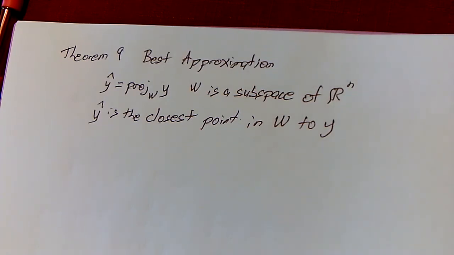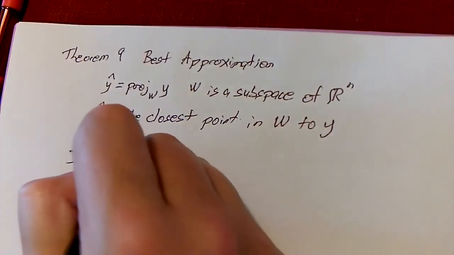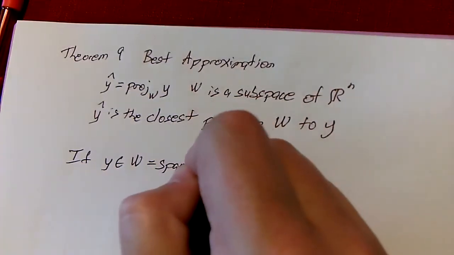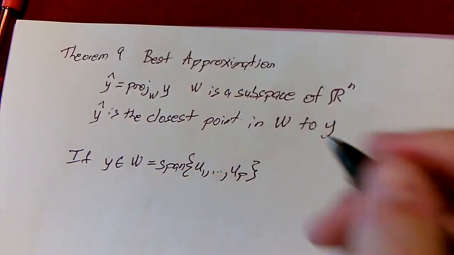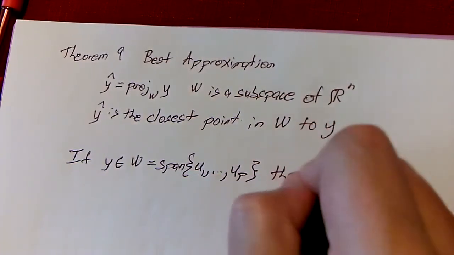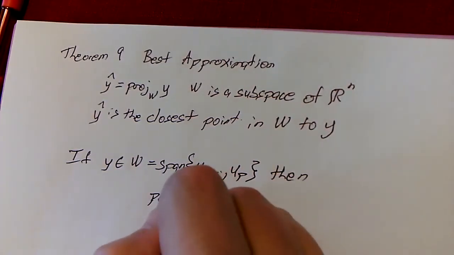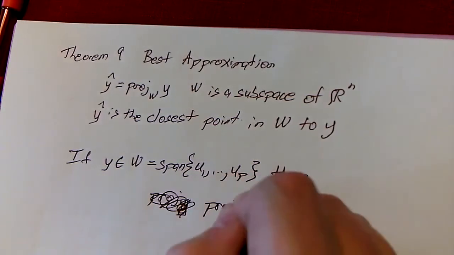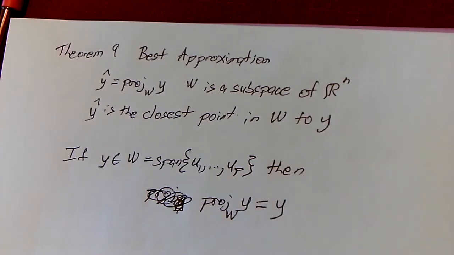Another property is that if y is actually in the space that we are looking at, so if y is in W, which is equal to the span of U1 through UP, then the orthogonal projection of y onto W is actually just y itself.